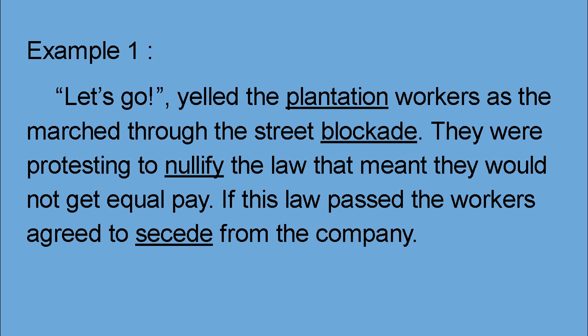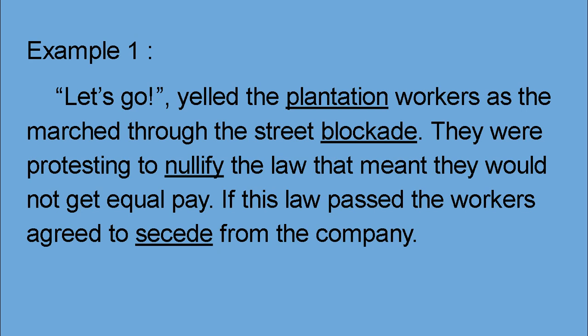Example number 1. "Let's go," yelled the plantation workers as they marched through the street blockade. They were protesting to nullify the law that meant they would not get equal pay. If this law passed, the workers agreed to secede from the company.